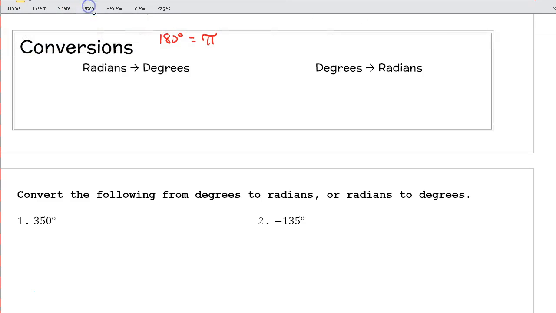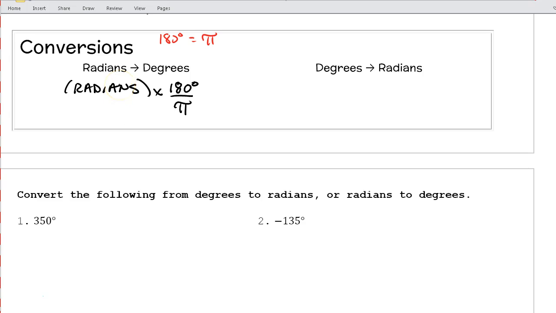So to convert radians to degrees, we're going to take our radian measure and multiply by 180 over pi. Okay, and if you think about your unit analysis, we want the radians to cancel out. So a lot of times the radians will have pi in it.